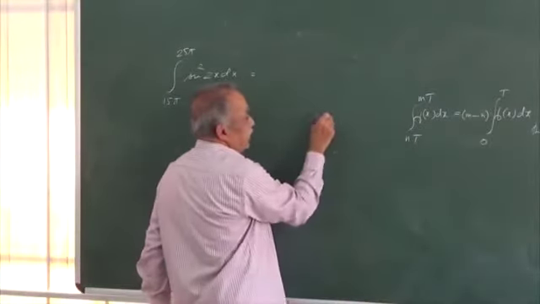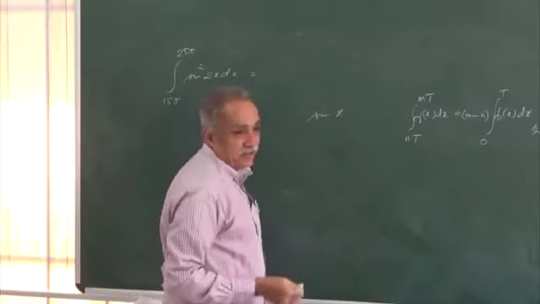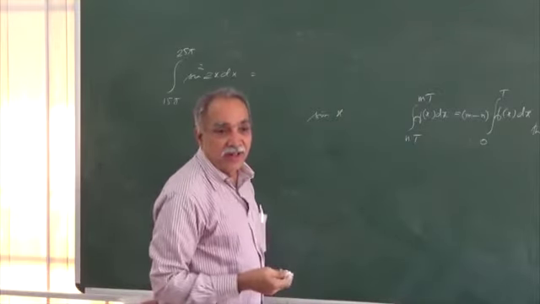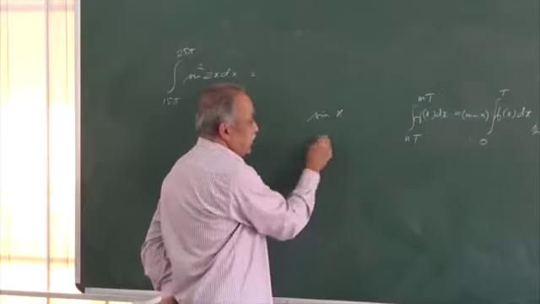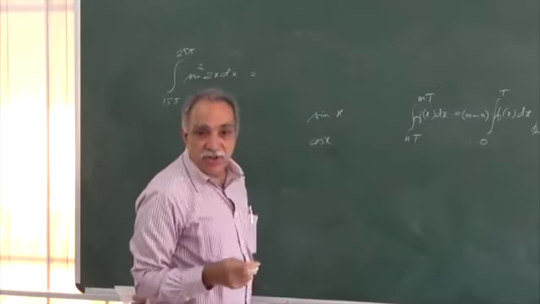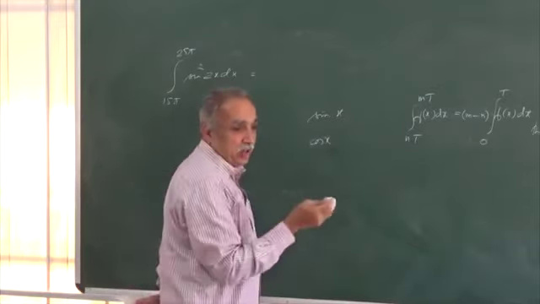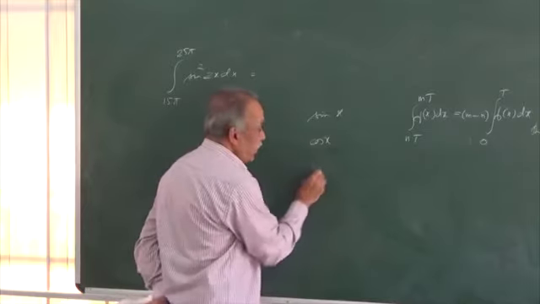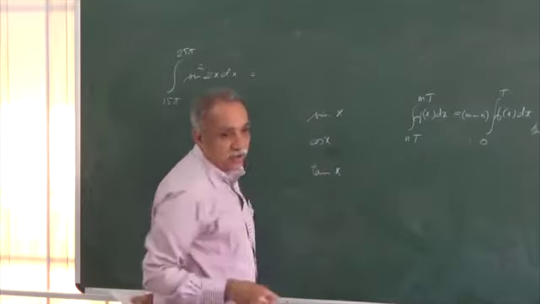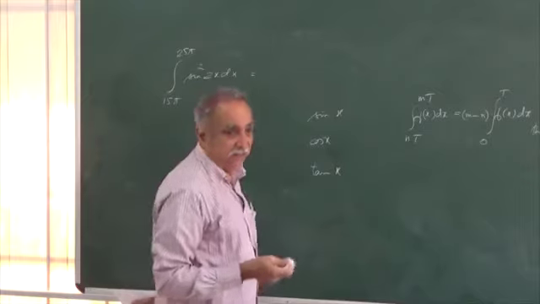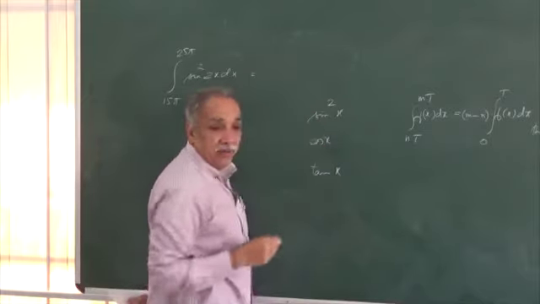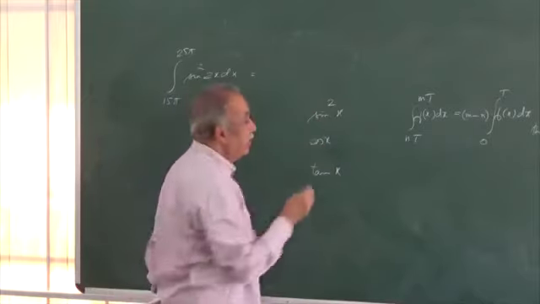Is this a periodic function? Yes. What is the period? 2 pi. Is this also a periodic function? What is the period? 2 pi. Primitive period I am meaning. Okay. Is this also a periodic function? Yes. Period? Pi.